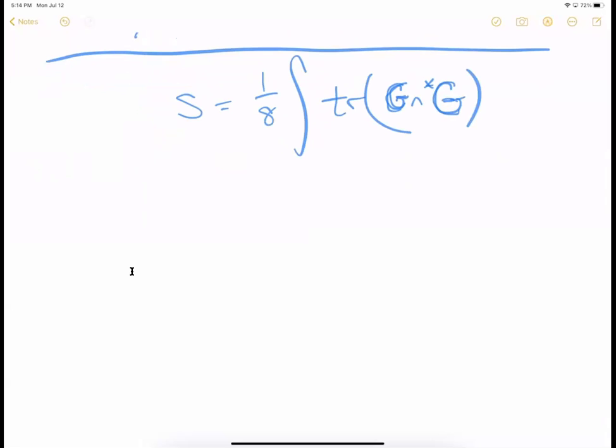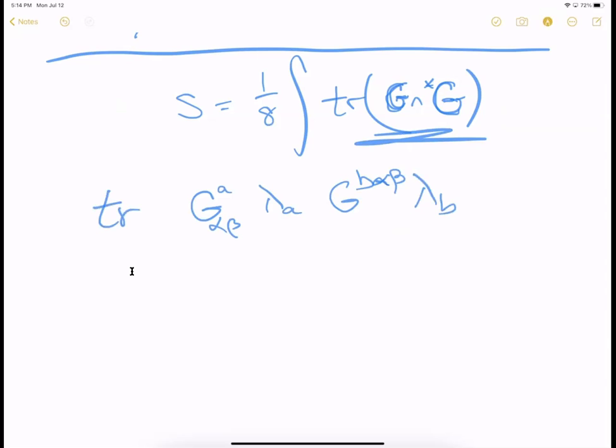What is that? Well, remember what these one forms are. These one forms are really Lie algebra valued things, and they have space-time indices on them. And so what we're doing when we write something like this, if you work out the dual, you find you're contracting the Lorentz indices, and the trace of a product of those two matrices gives what's called the Killing metric.